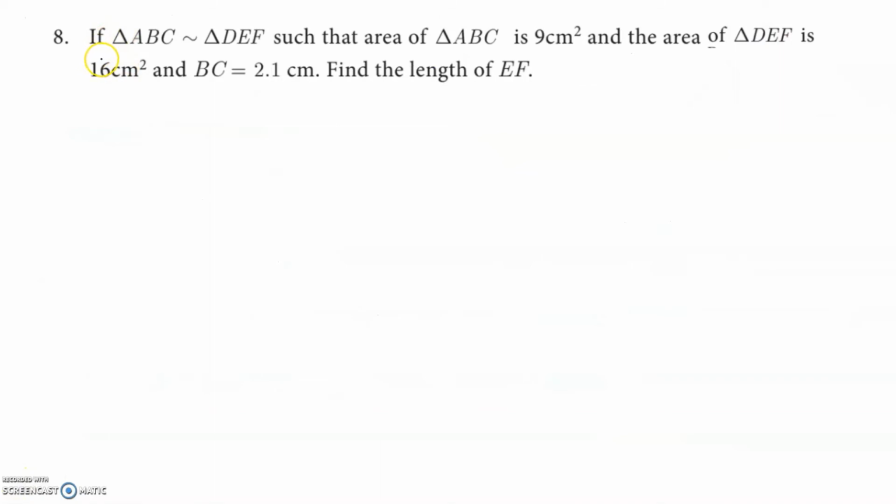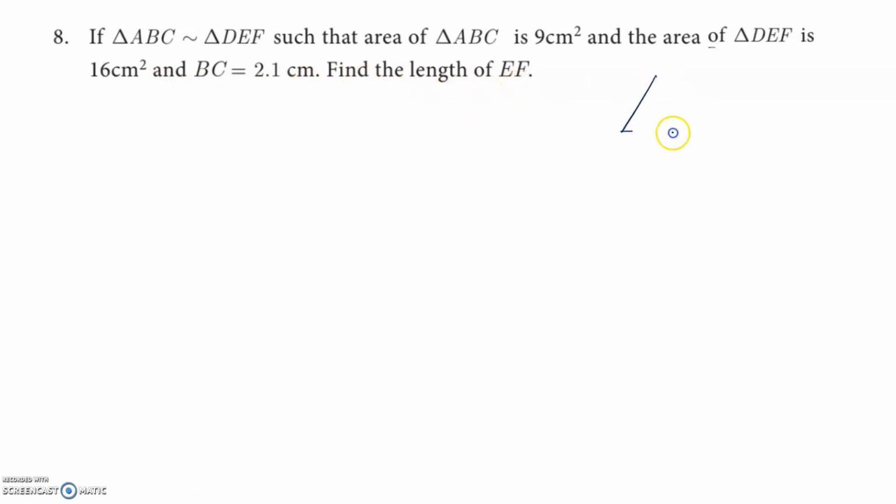Okay, now let's read the problem first. If triangle ABC is similar to triangle DEF, such that the area of triangle ABC is 9 centimeters squared and the area of triangle DEF is 16 centimeters squared and BC is equal to 2.1 centimeters, find the length of EF.